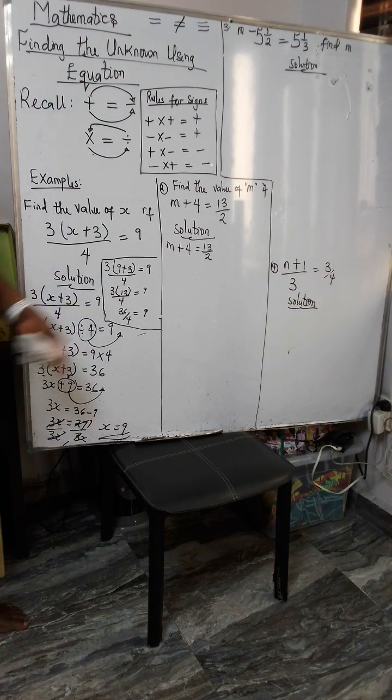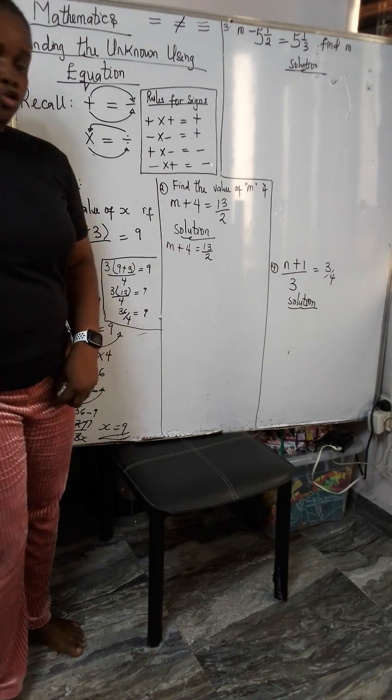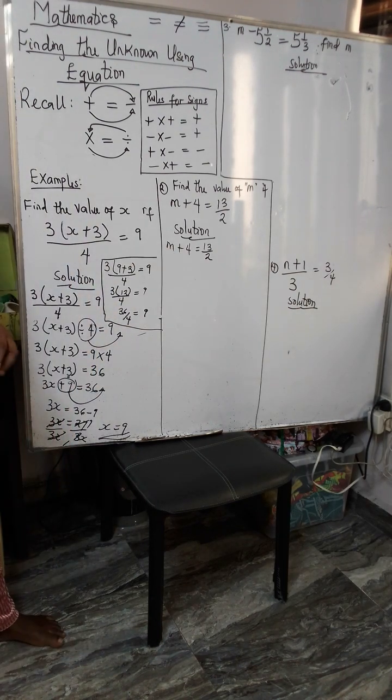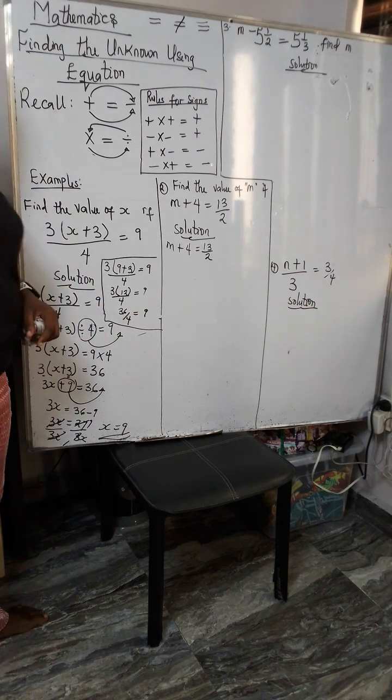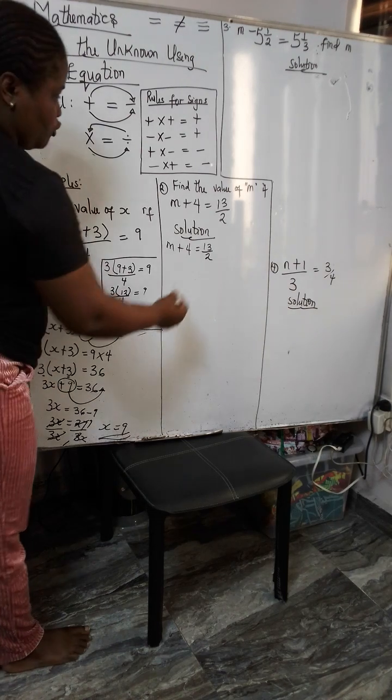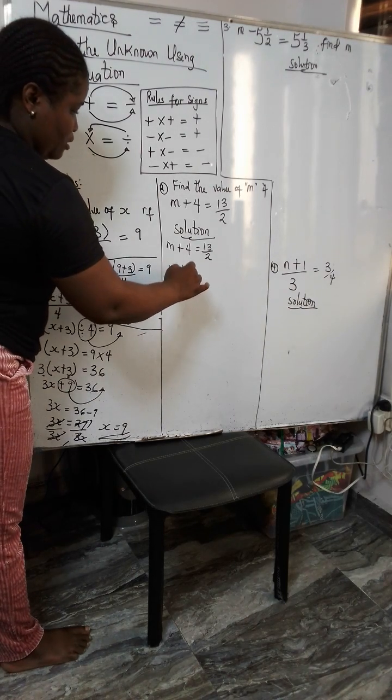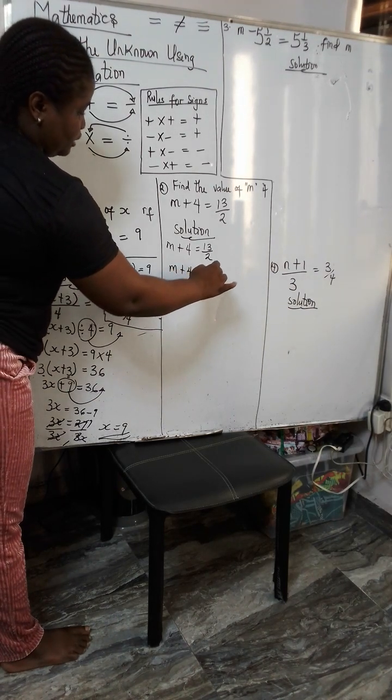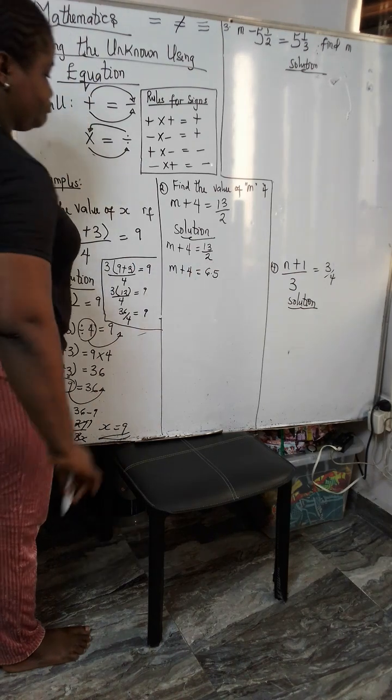Alright, 13 over 2 is 13 divided by 2. And 13 divided by 2 is going to give us 6.5. 6.5 is 6 and a half. So this is m plus 4 equals 6.5.